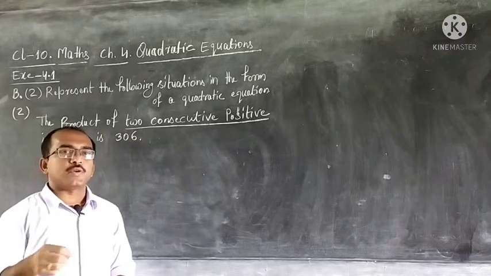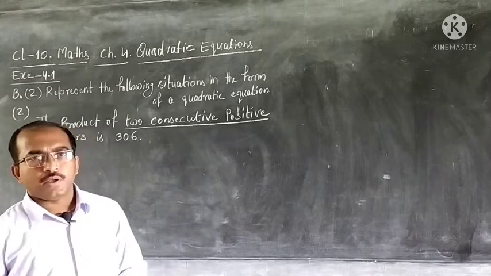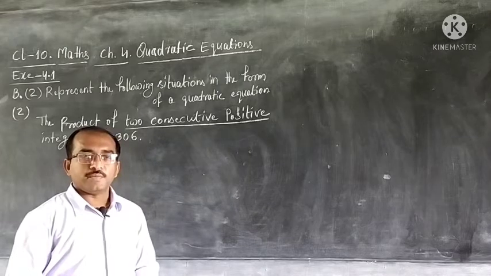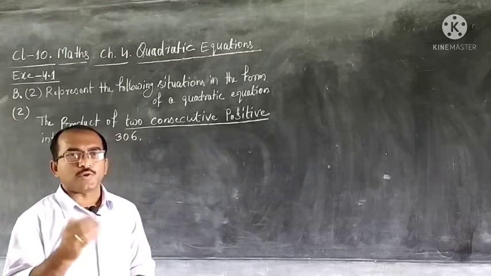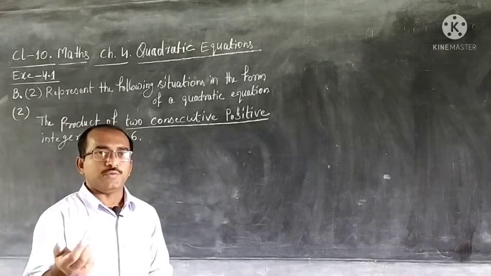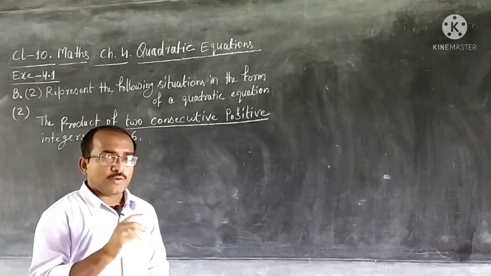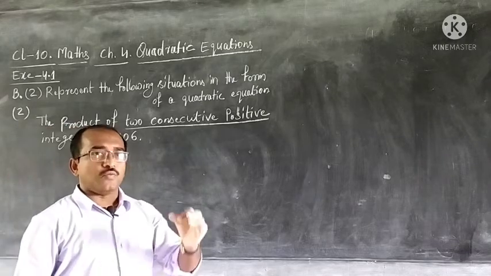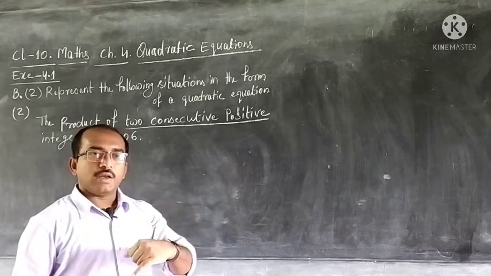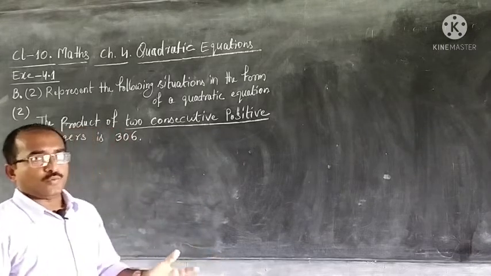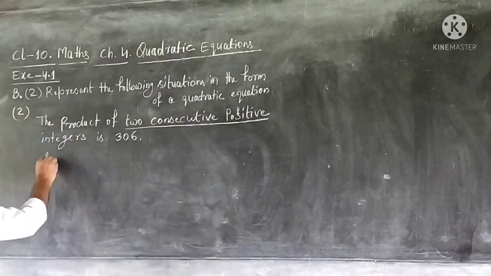Let us take the example of the number 5. The next number is 5 plus 1. For any other number, suppose 12, the next number will be 12 plus 1, that is 13. So if two consecutive positive integers are there, one is whatever, and the next will be that number plus 1. We do not know what the integers are.